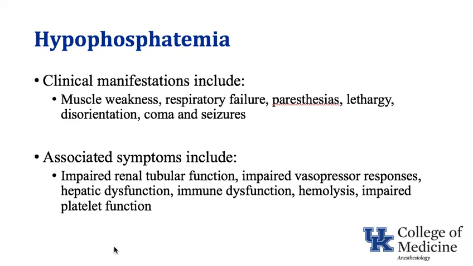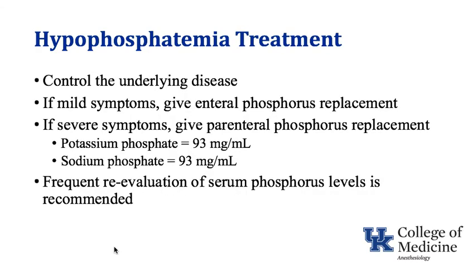Typically patients may also have impaired renal tubular function, impaired vasopressor responses, hepatic dysfunction, immune dysfunction, hemolysis, and impaired platelet function. The treatment for hypophosphatemia is to control the underlying disease and, if symptoms are mild, to replace with enteral phosphorus.